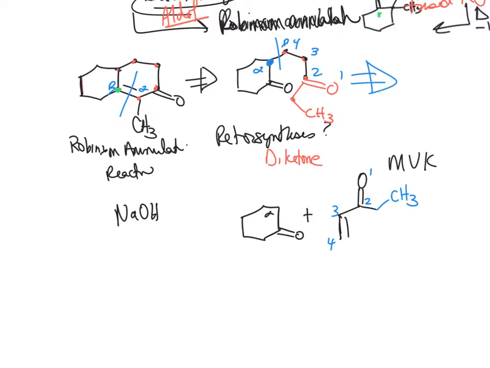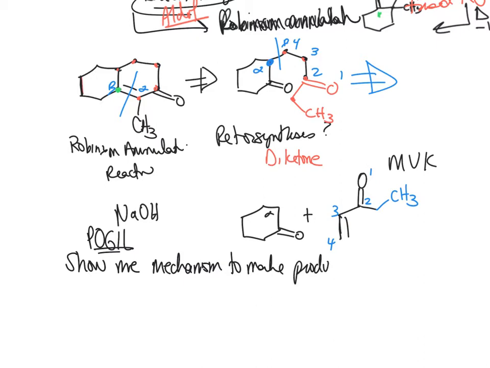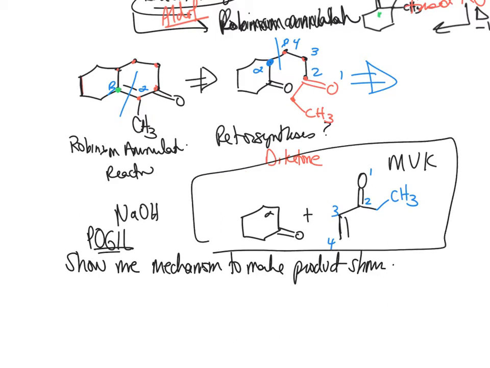So what I would like for you to do is two things. I would like for you to show me, this is for your online POGL, show me the mechanism to make the product shown here. So I've given you the first step in base.